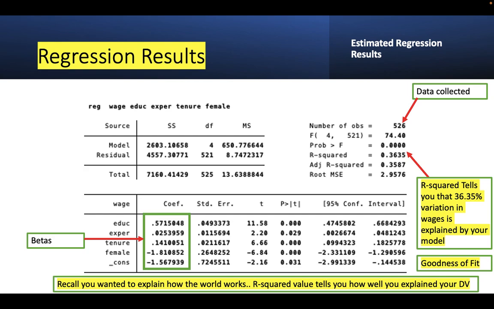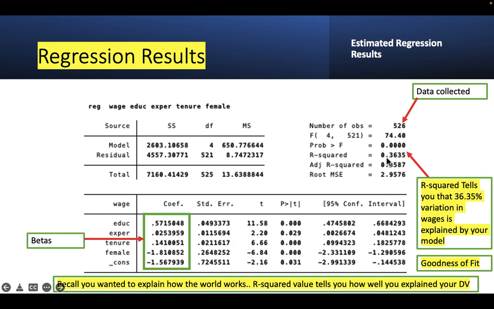The F statistic compares the model that you have with a model that didn't have any of these IVs, and sees if including these independent variables has a significant impact. Ideally, this F value should be greater than 4, and the probability value should be less than 0.10. Then you have an adjusted R square.